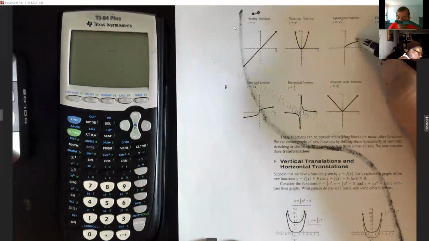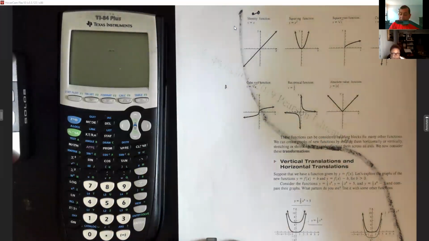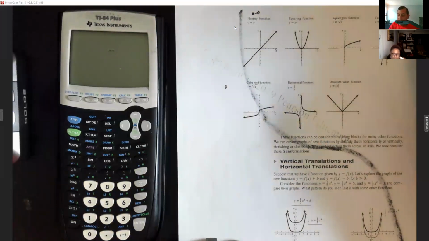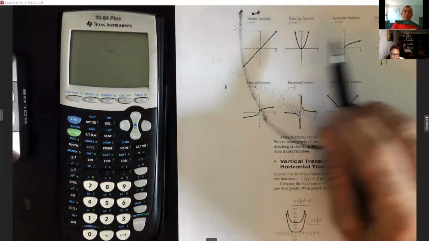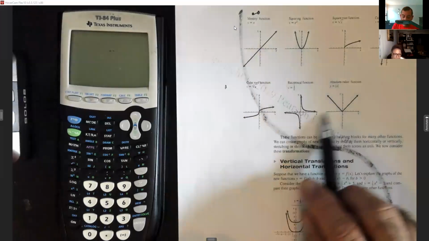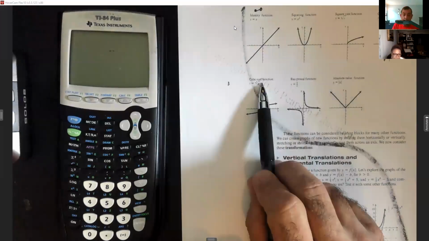Next, you got the square root function, which takes the square root of a number. That's why it's sort of flat. The third one is the one I drew a while ago, the cubing, raising stuff to the third power. And you'll be able to tell by the exponents and how the problems look as to which one of these they're starting with. All right, here's a cube root function. Takes the cube roots of the numbers.